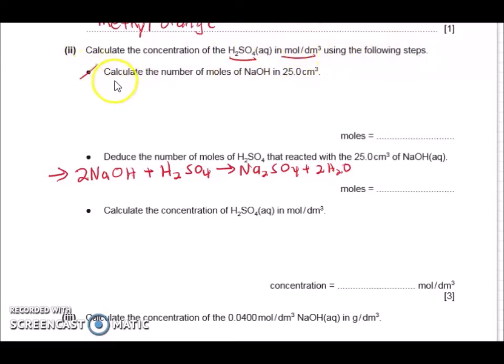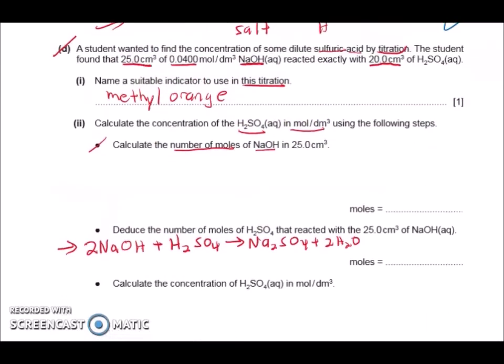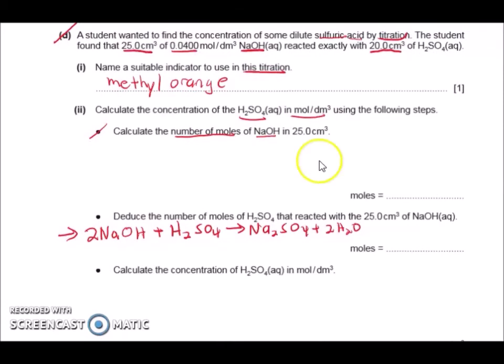So the first question is calculate the number of moles of sodium hydroxide in 25 cm³. So what other information have they provided us? The concentration of sodium hydroxide is 0.04 mol/dm³.